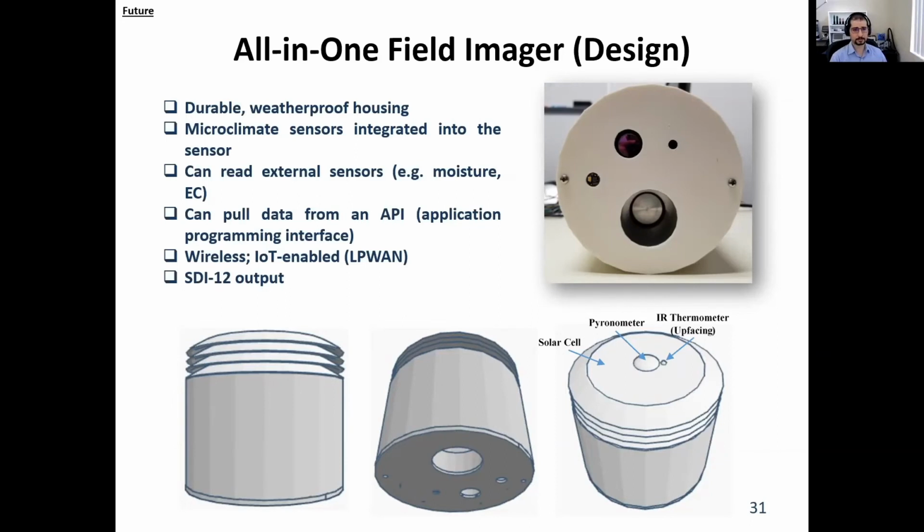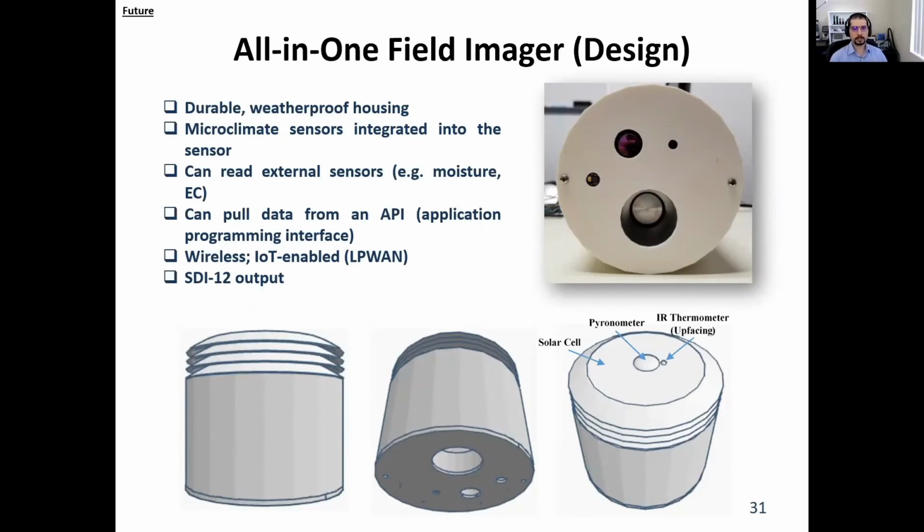More sensors can also be added, and also more models and algorithms. So it can look at the bigger picture, and it's not going to be just a sensor, but actually a powerful decision support tool.